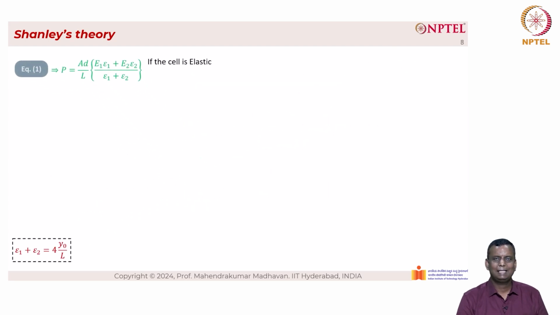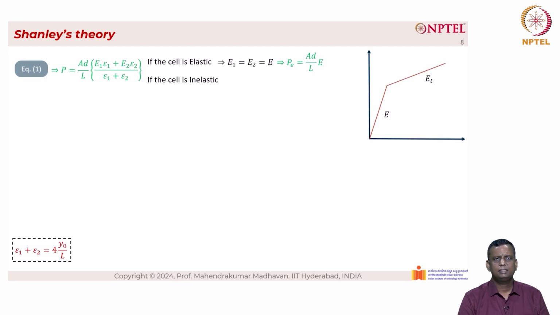Now, if the cell is elastic, which means it is still in the elastic range, E1 equal to E2 equal to E. Therefore, P becomes PE. So, PE equal to AD by L into E. If the cell is inelastic, E1 is equal to E sub T, where E1 is the modulus on the concave side, which is equal to the tangent modulus, and E2, which is the modulus on the convex side, can be equal to Young's modulus E or E sub T, which is the tangent modulus.